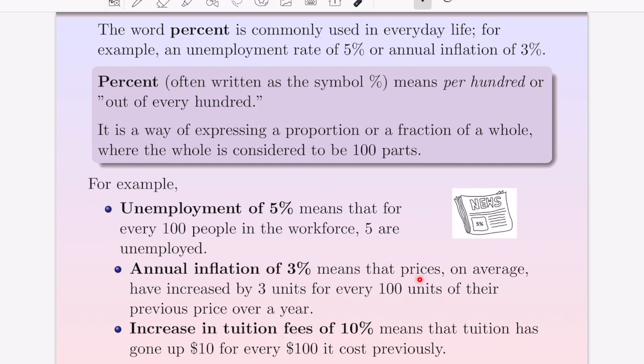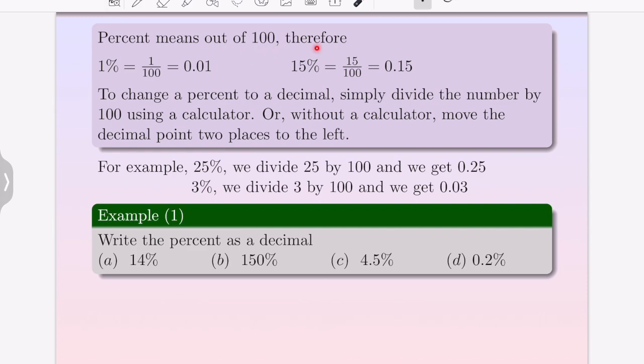That means that prices on average have increased 3 units for every 100 units of their previous price over a year. If we have an increase in tuition of 10%, that means that tuition has gone up $10 for every $100 it cost previously. Percent means out of 100, therefore 1% means 1 out of 100.